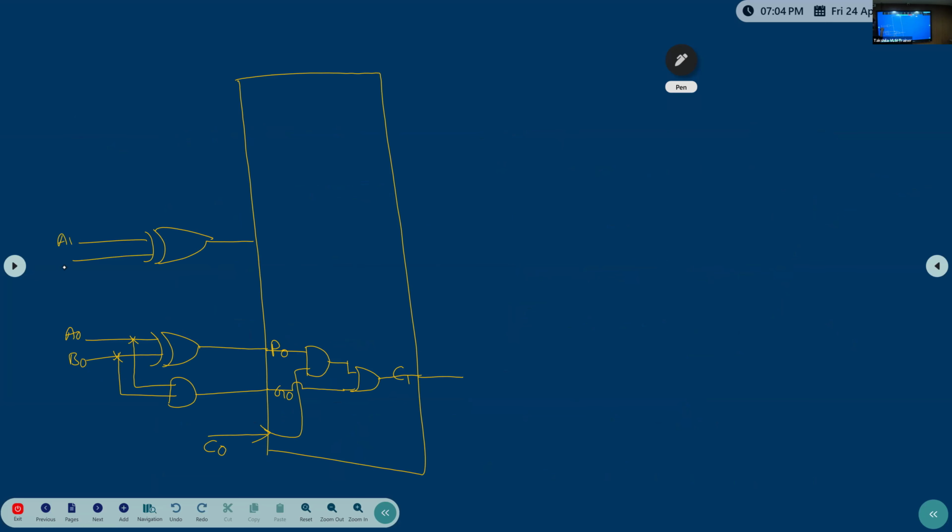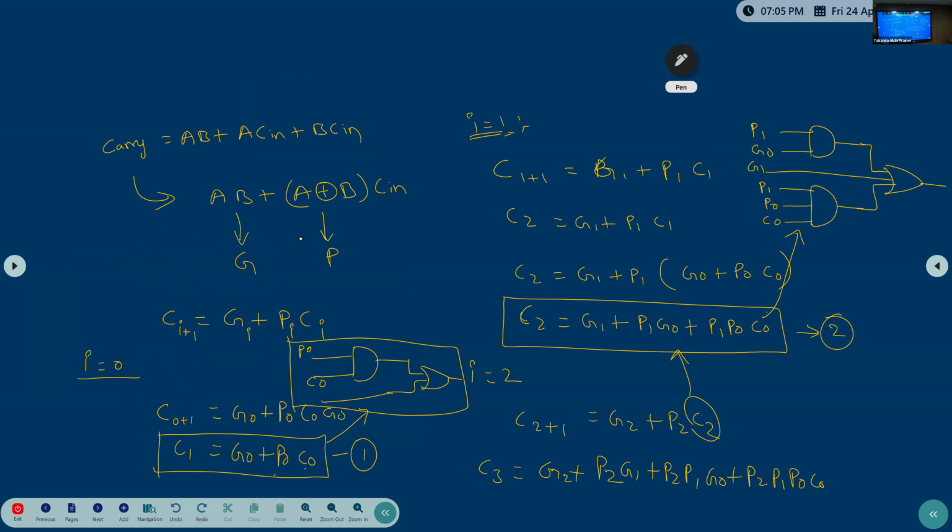A1, B1. So this is P1, G1, right? P1, G1. So now what do I need to do? This is P1 and how is C2?